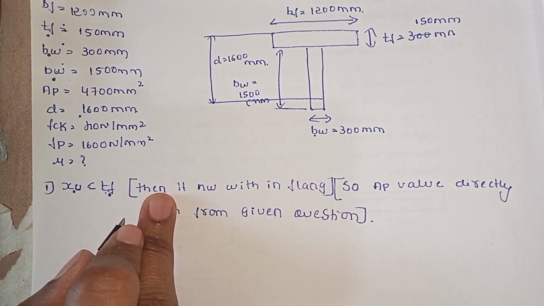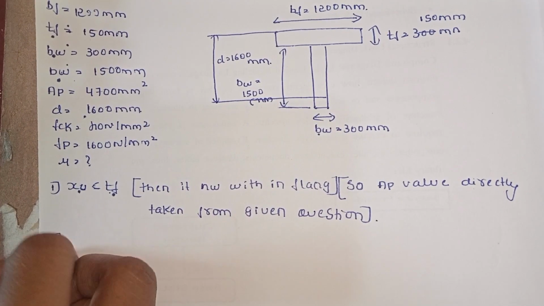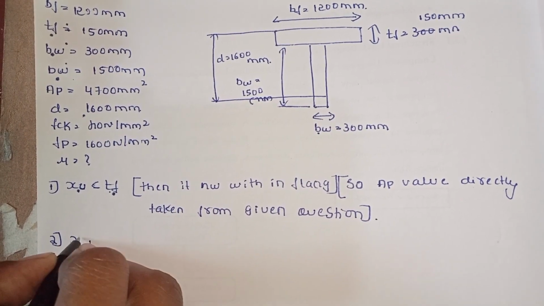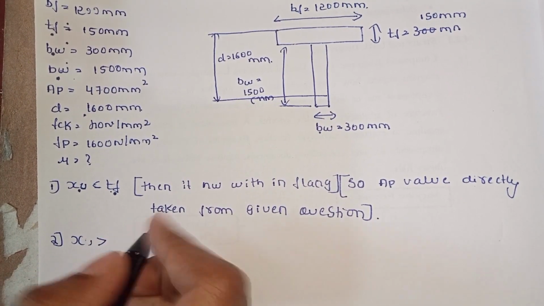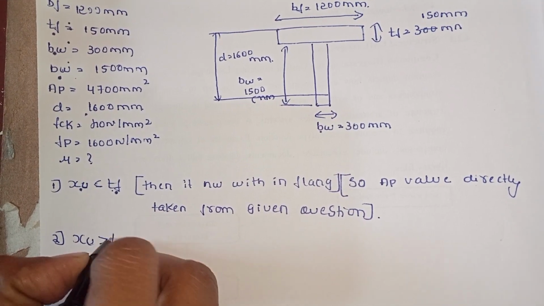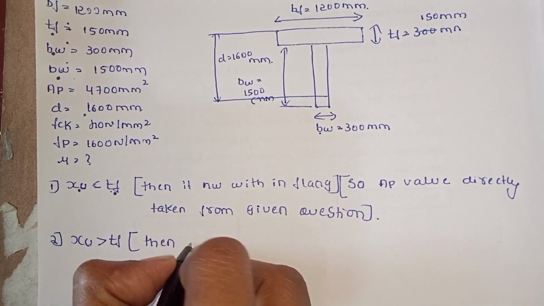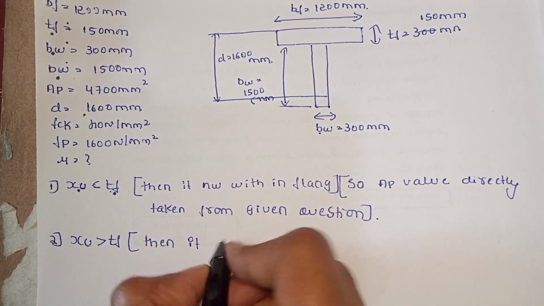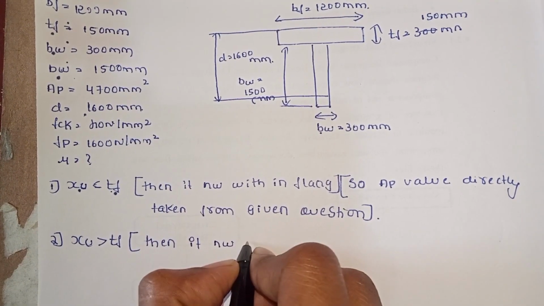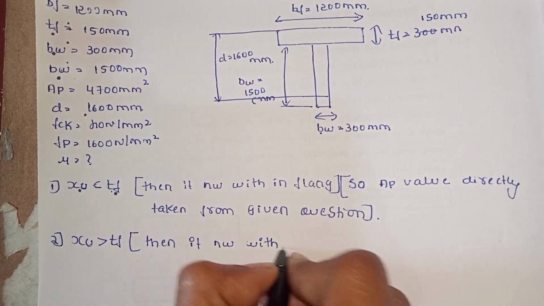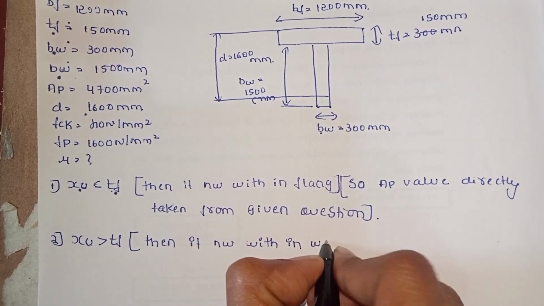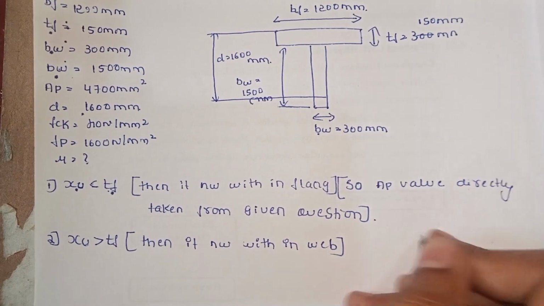Okay, this is condition number 1. Second condition is XU is greater than TF value, then it is considered as neutral axis within the web portion.